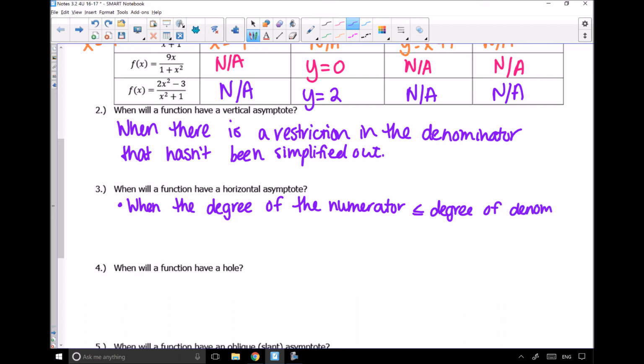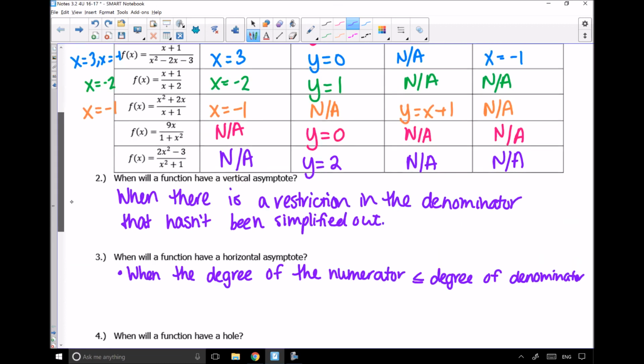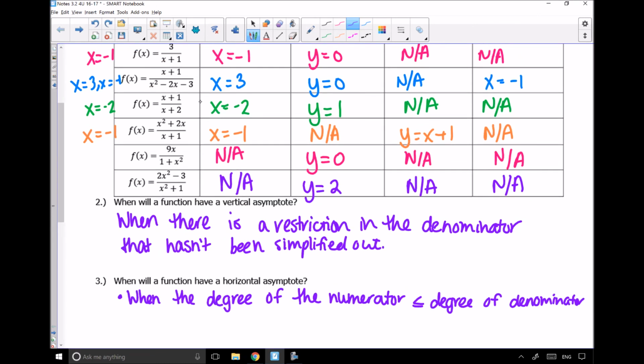So let's take a look and see if that is going to work with the examples that we have here. In this example over here, the degree of my numerator was less than the degree of my denominator, so I had a horizontal asymptote. Here, the degree of my numerator was equal to the degree of my denominator, so I have a horizontal asymptote.